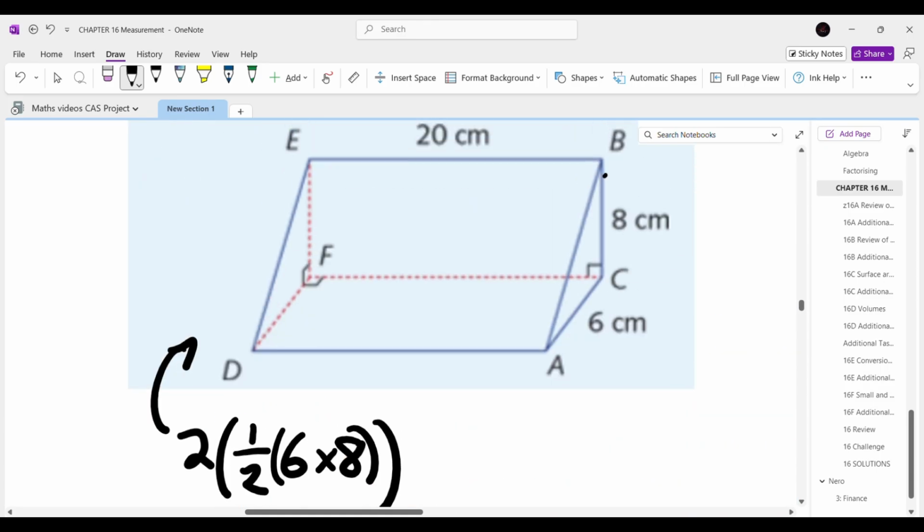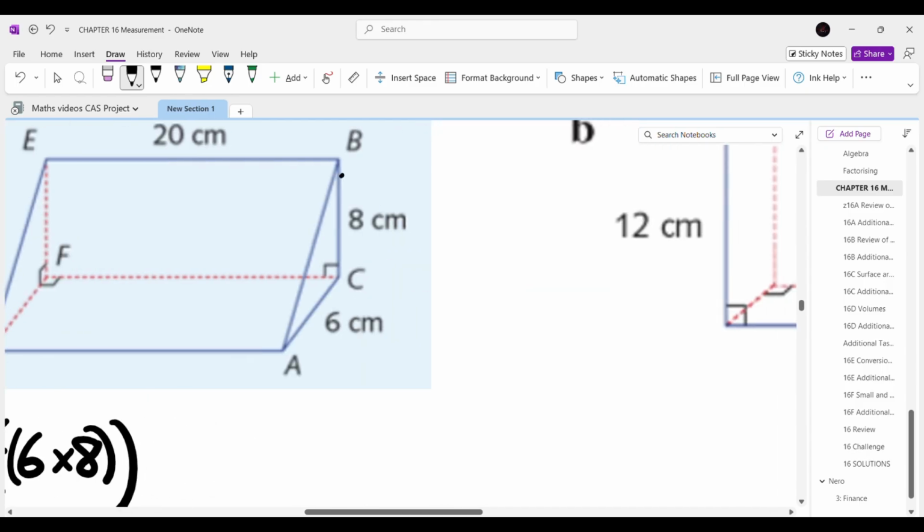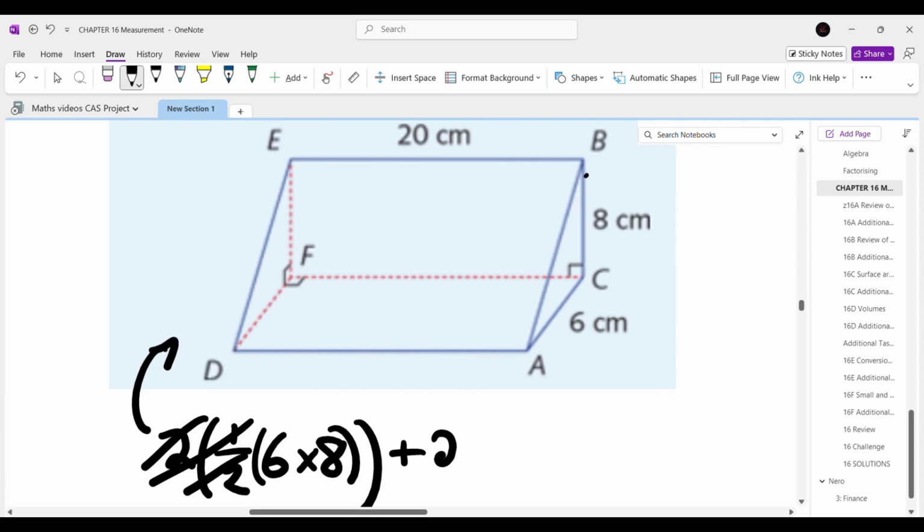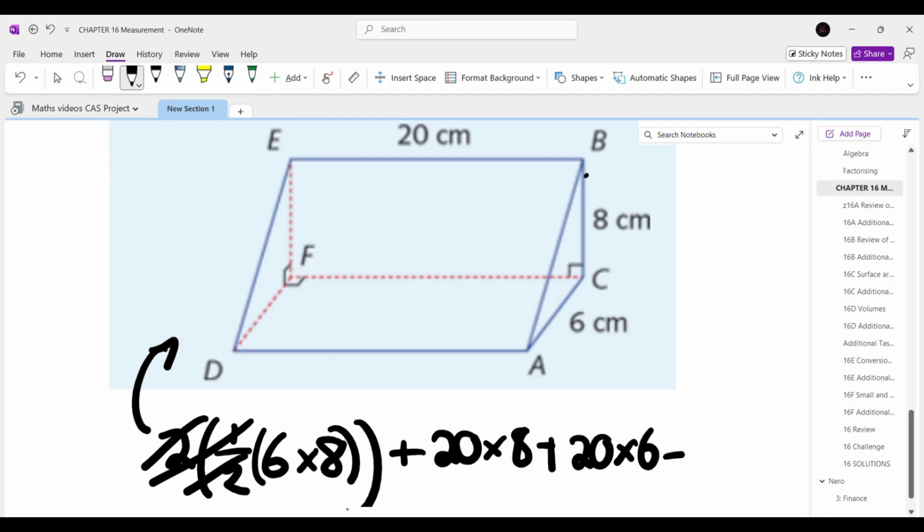Obviously the 2 and the half will just cancel out. 6 times 8 plus, and now we have our 3 length times width, because they're all rectangles. So we have 20 times 8 plus 20 times 6 plus, and finally this slant right here.